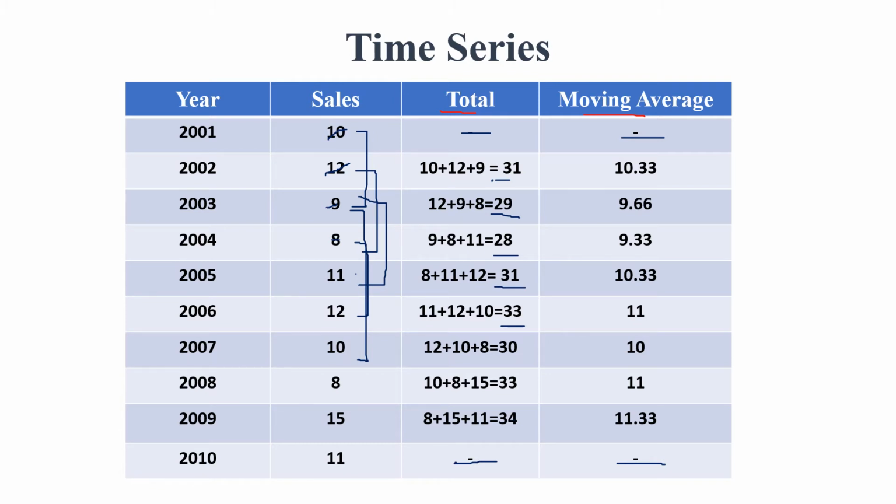The same sequence we are going to run over here. Understood? The total values will be given. We'll get the total by skipping one value, and after getting the total we need to find the average. Now basically, what is the formula to find the average over here?